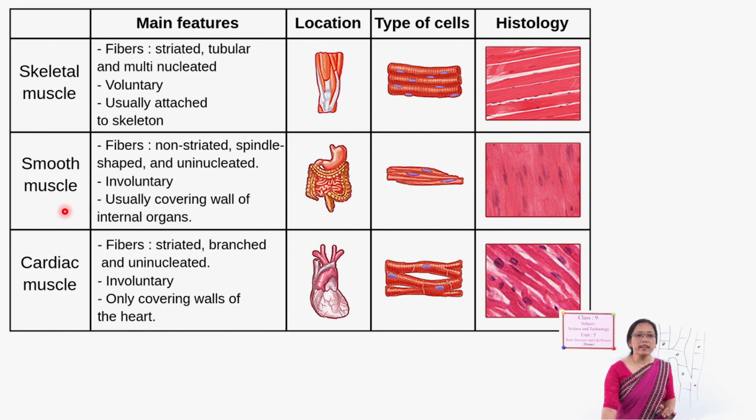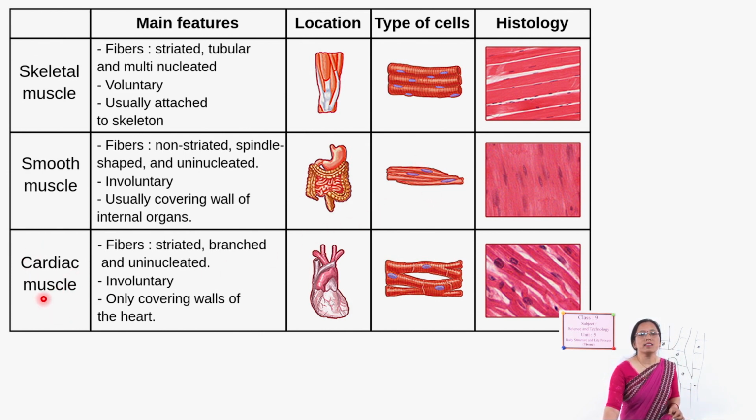And the next one is smooth muscle. Here the fibers are non-striated, spindle shaped and uninucleated. It is involuntary, usually covering the wall of the intestine and internal organs. The location is in the internal organs. And if we see the structure, just now we have drawn those spindle shaped cells.